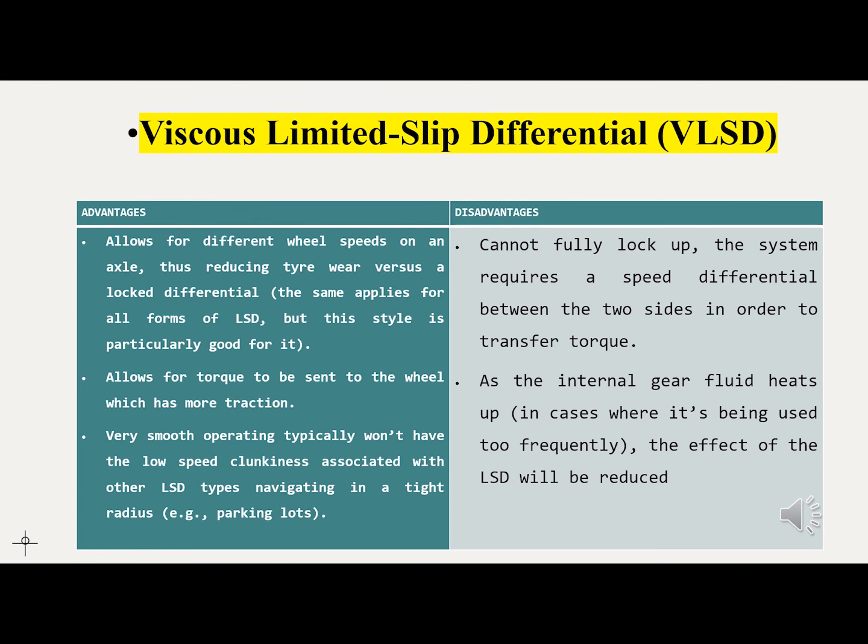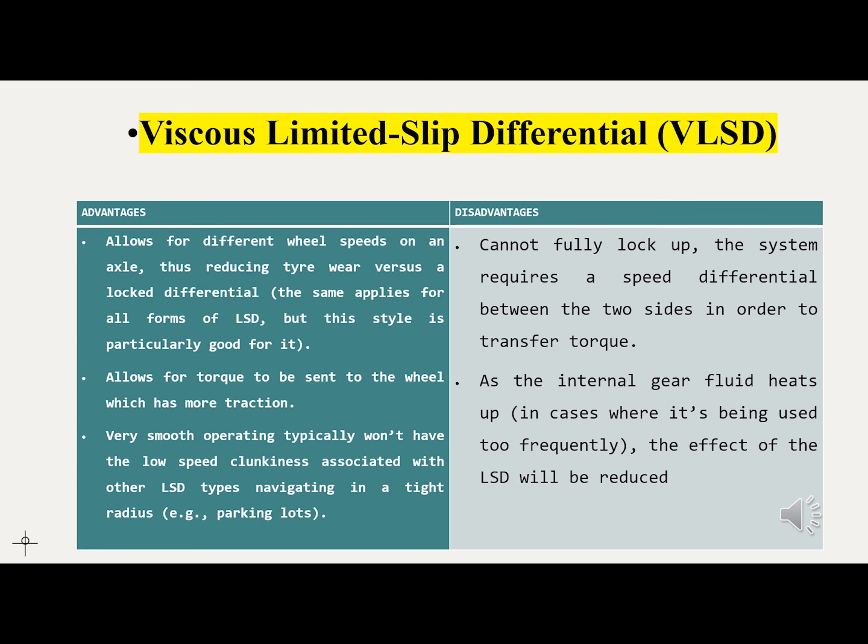Second, it allows torque to be sent to the wheel which has more traction. And the last one, very smooth operating, typically it will not have the low speed clunkiness associated with other LSD types when navigating a tight radius.